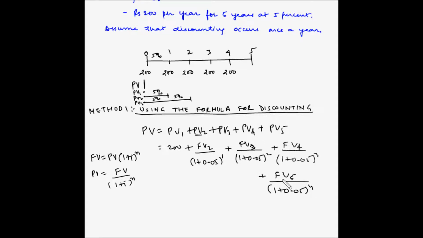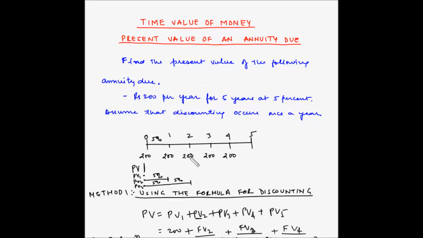So let's take the example of PV5. PV5 has this 200 rupees as the future value. So this is FV5, FV1, 2, 3, 4 and 5. So this here is going to be our future value. So we have to find out what is the present value, or PV5.